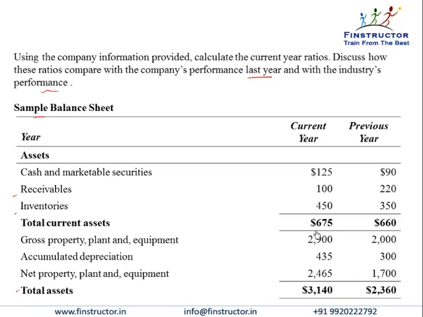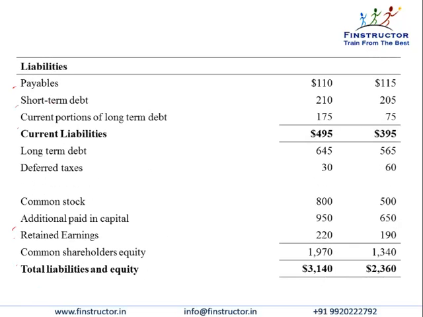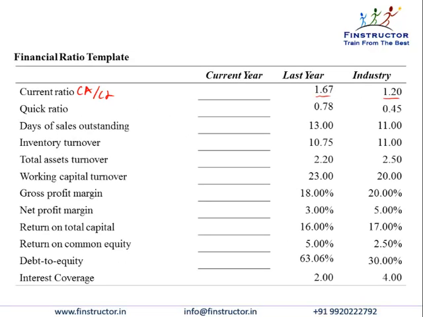The current assets is given to be $675 and the current liabilities are $495. So the current assets upon the current liabilities will be calculated as 1.36 times. So the ratio is lower than last year, but still higher than the industry average current ratio.